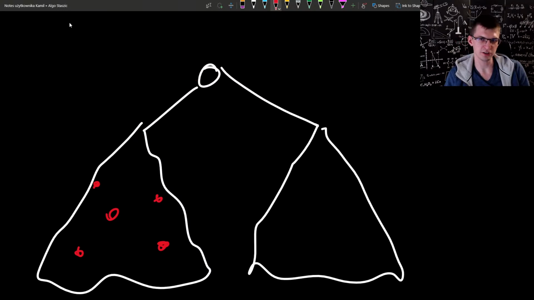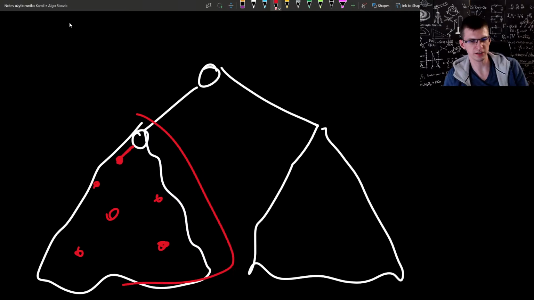But if there is no camera in this child, then there are two cases. One is that there is a camera in a child of the child. If this is the case, then this vertex is already handled. We don't need to worry about it. This subtree is now self-existing.